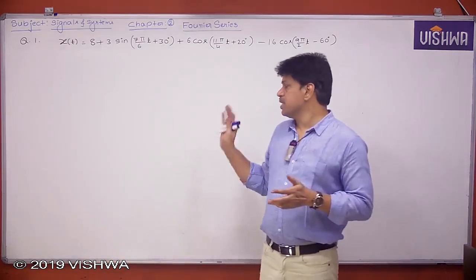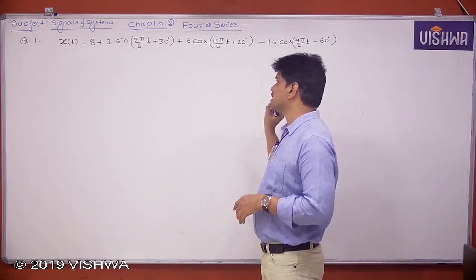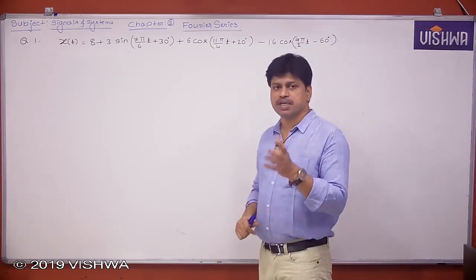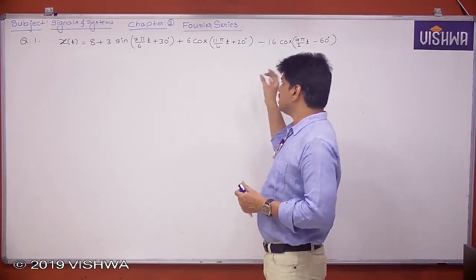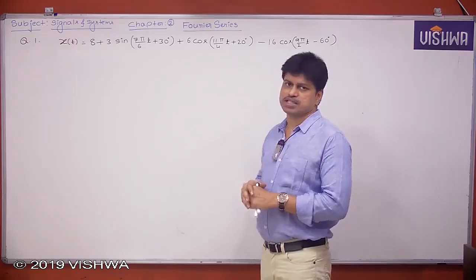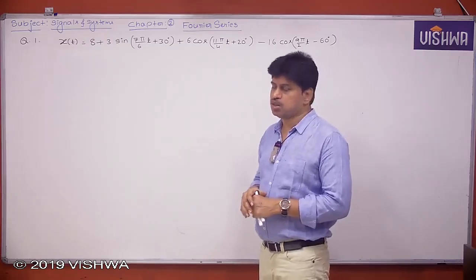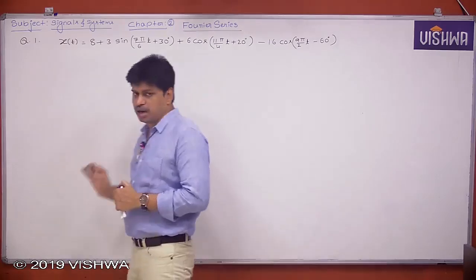Here only one thing we have to check to see whether it is a valid Fourier series expansion or not, and that is periodicity. What do you mean by that? If the given expression is periodic, that's it. We can say yes, it is a valid Fourier series expansion. I hope you understood. So only one thing we have to check, whether it is periodic or not.